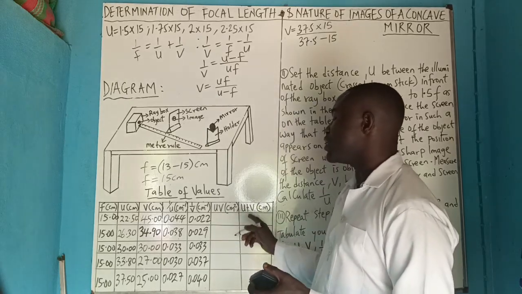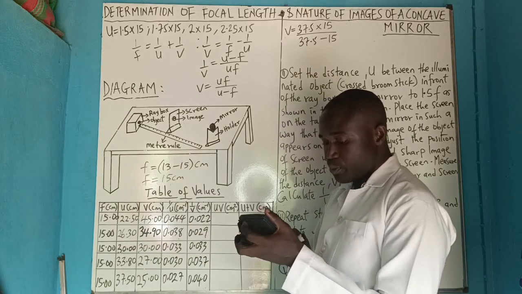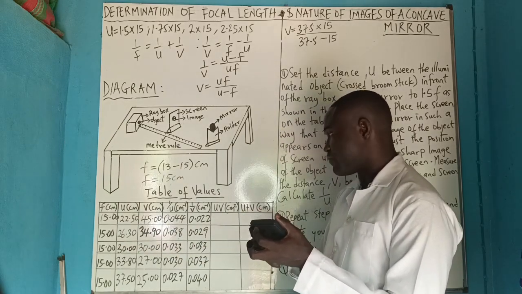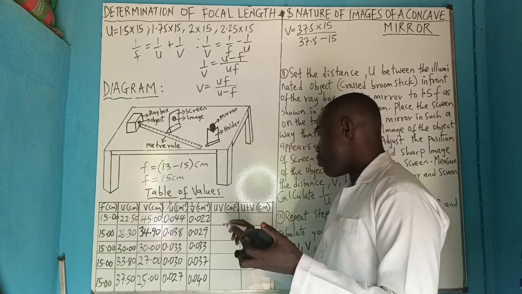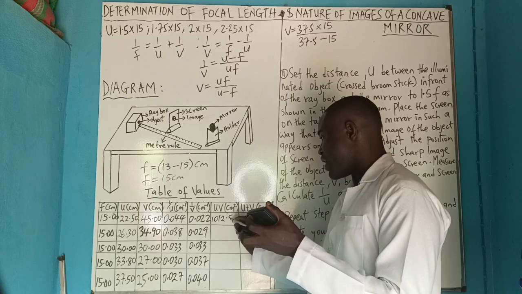Then UV means multiply U by V. 22.5 times 45 is 1012.50.